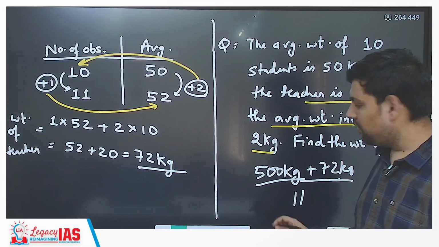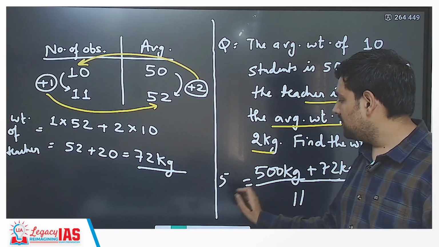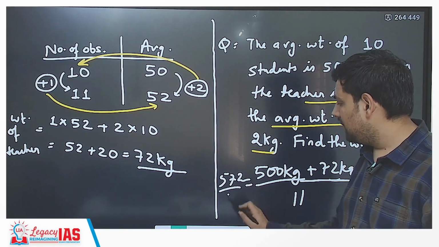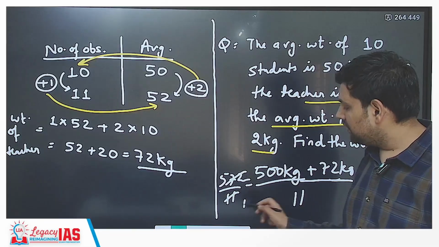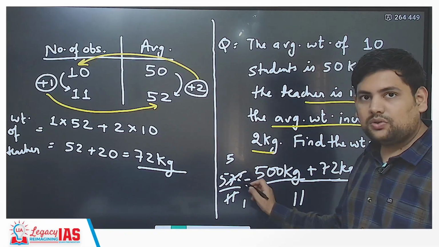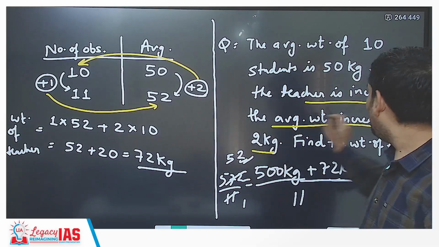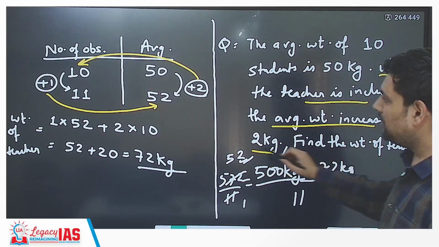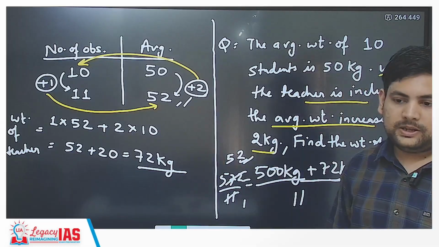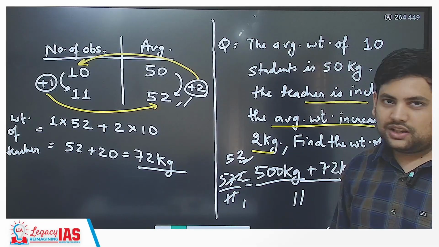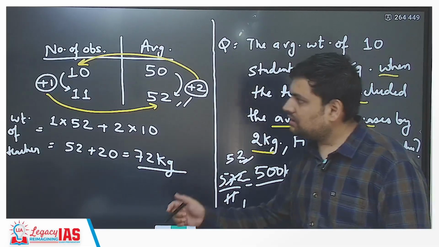Correct? Because now the observations are 11. So this becomes 572 by 11. Let's see how many times this goes. 1 time, 5 times. 2 will remain with 22. It will go 2 times. So you got 52, as given in the question: the average increases by 2 kg or becomes 52 kg. Understood? Simple? Okay.